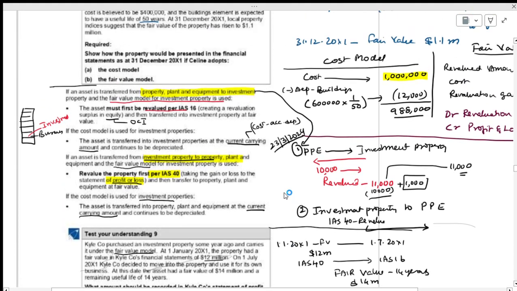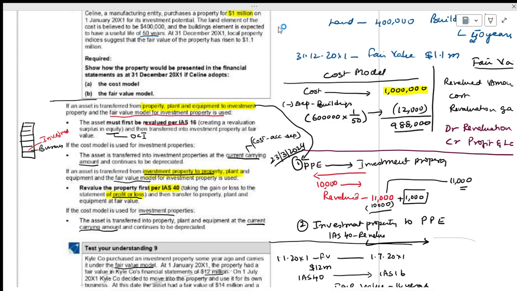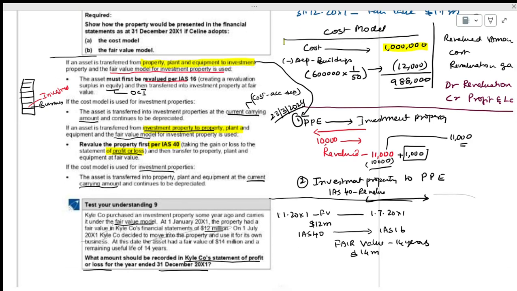See the things. They are transferring investment property to property, plant and equipment, and they are using the fair value model.